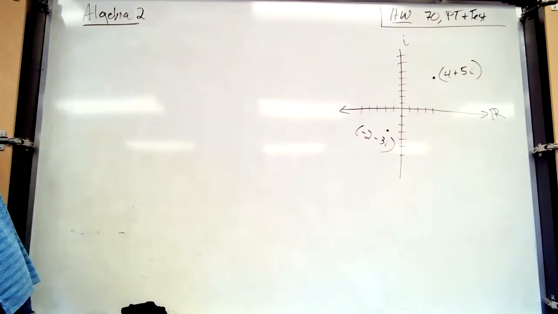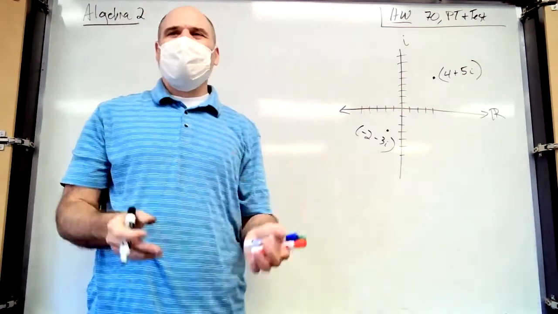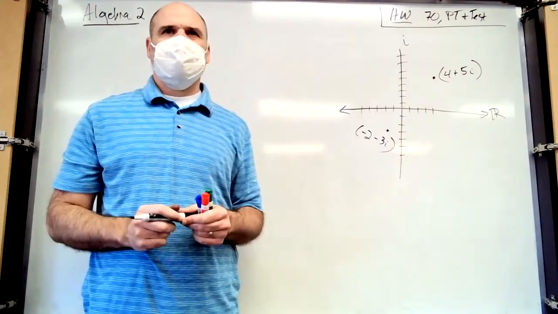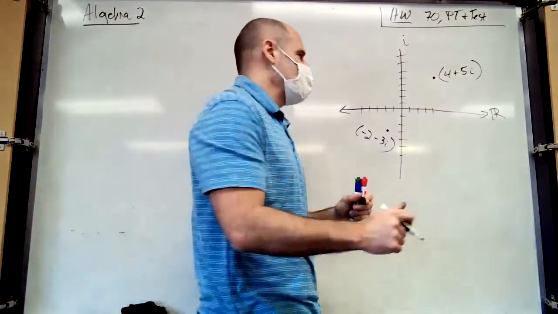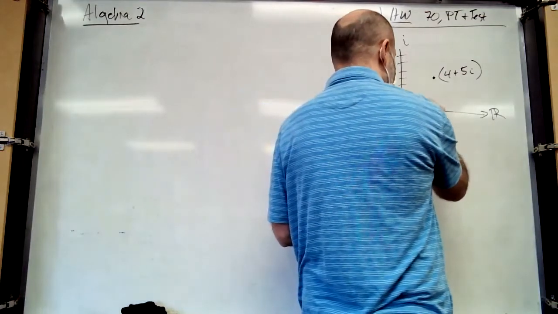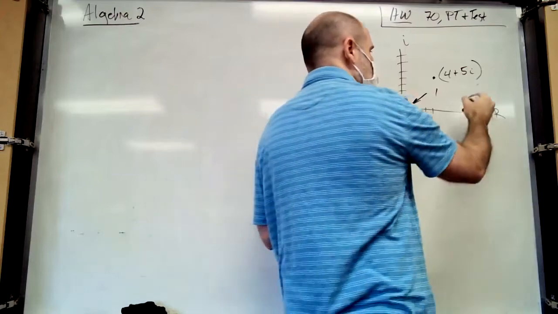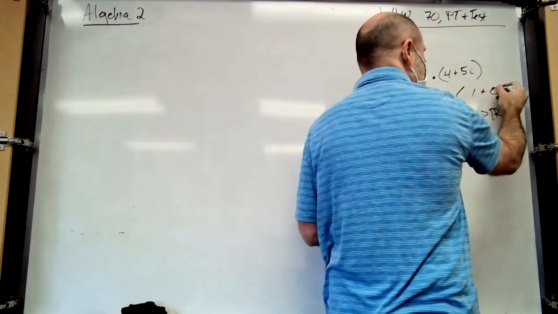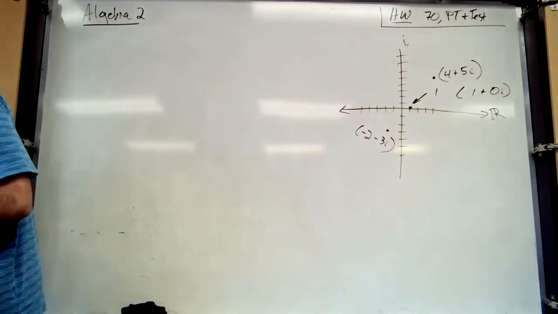Okay. All right, and then what about this? What if I wanted to graph 1? Yeah, so this is 1. Okay, because 1 is just 1 plus 0i, right? So that's how you would graph 1.